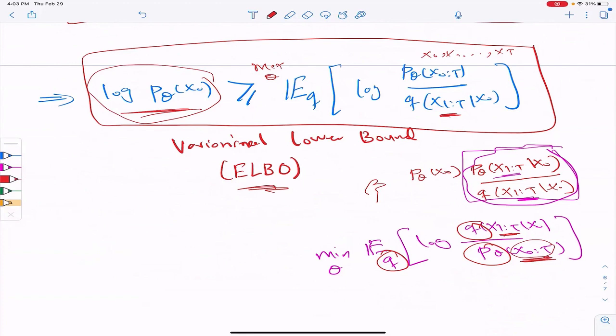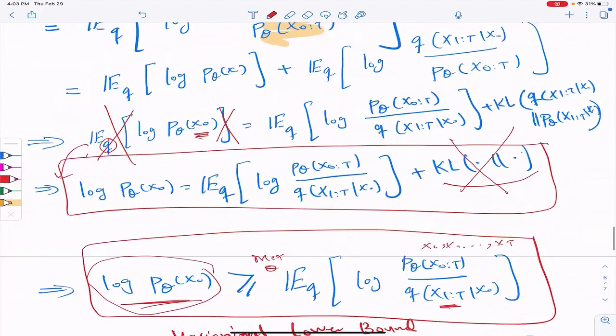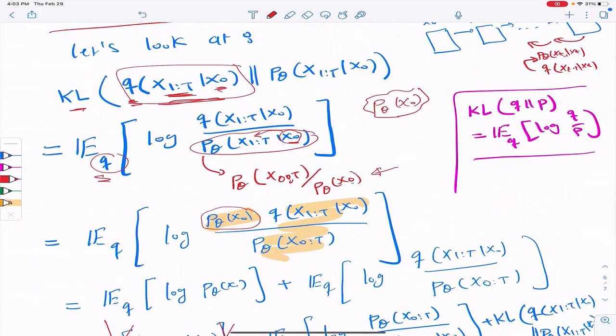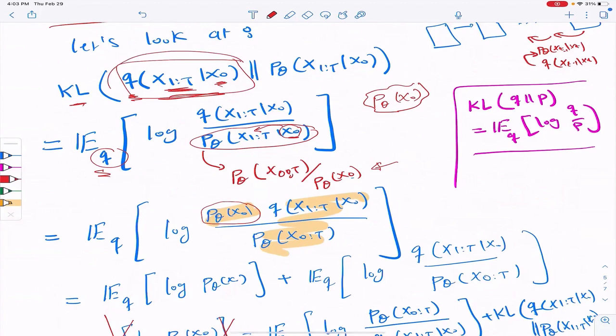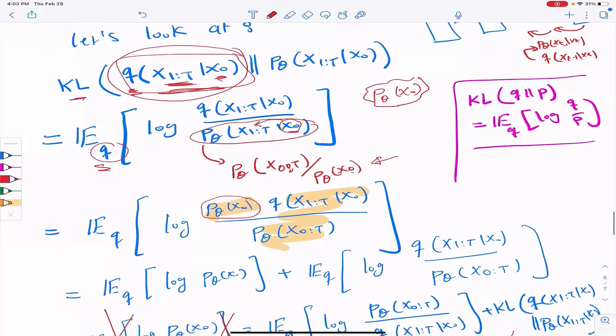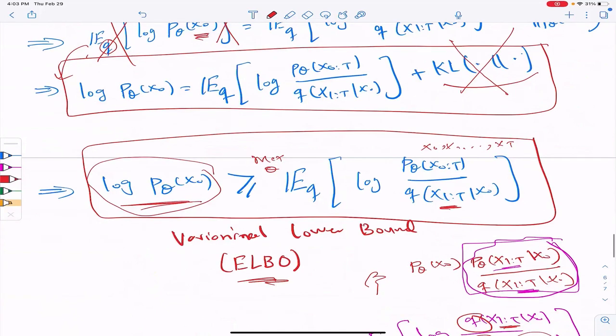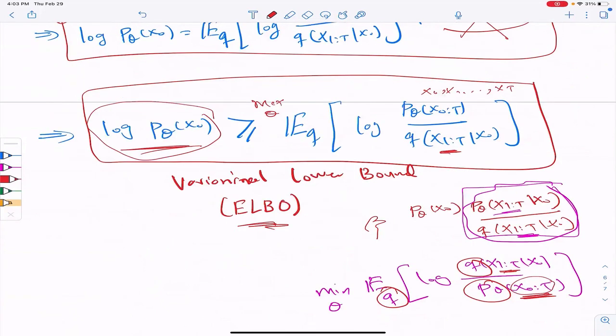So it's a conditional distribution. Actually, the definition of q here is also, no, you're right. It is actually KL, because the definition of q is also a conditional distribution here. So it matches. I thought that it's a joint distribution. So it's an expectation over q of the first distribution divided by the second distribution.